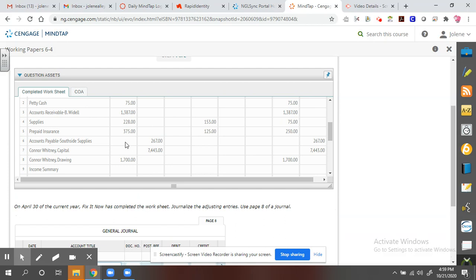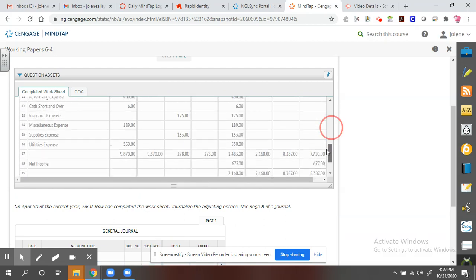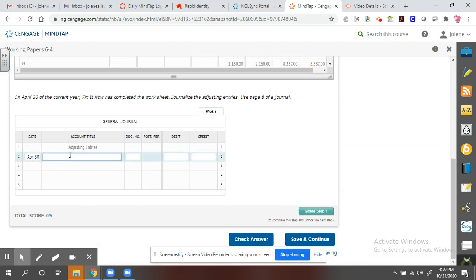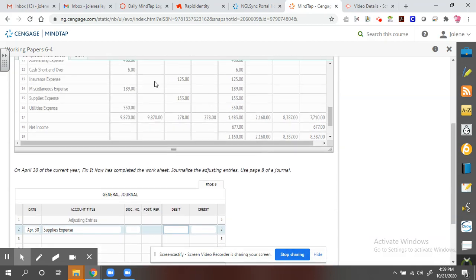So the first one that we had was supplies expense, the debit. We don't have to put any document number here. And the dollar amount was $153.